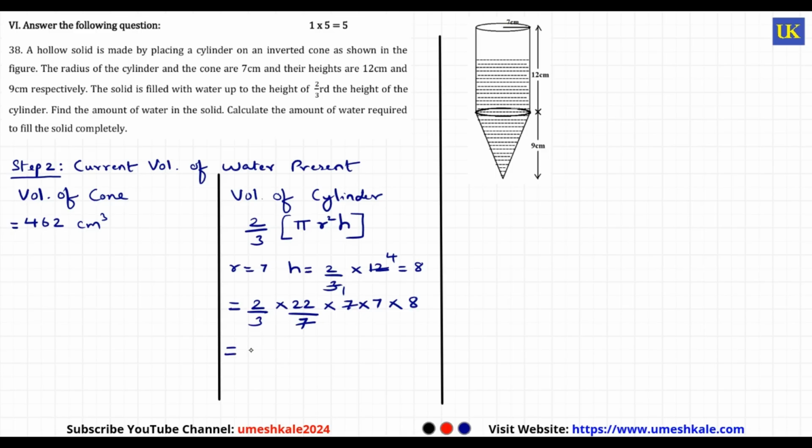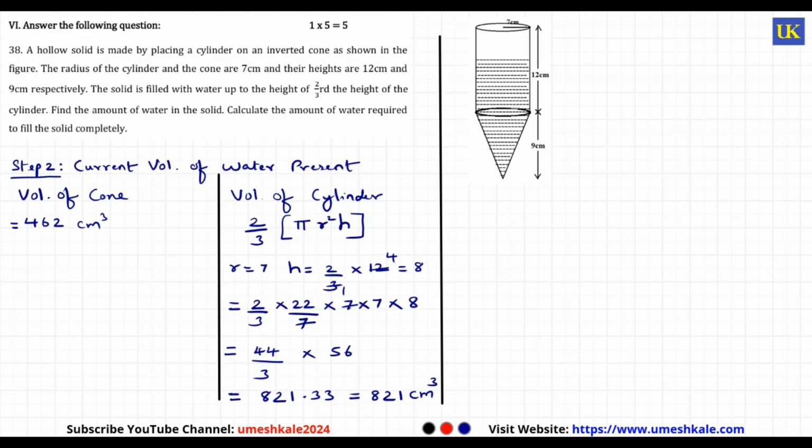So 44, we are multiplying these two things. 44 into 3 into 7 into 8, 6, and now we can solve this further, and what we will get is 821.33, which is nothing but 821, we can round it off, centimeter cube.